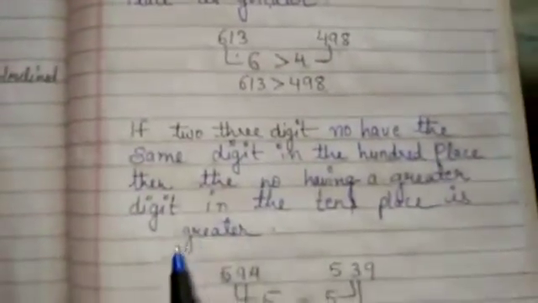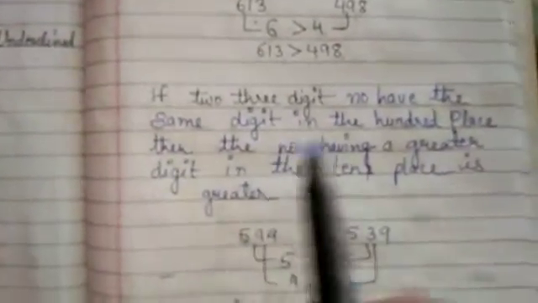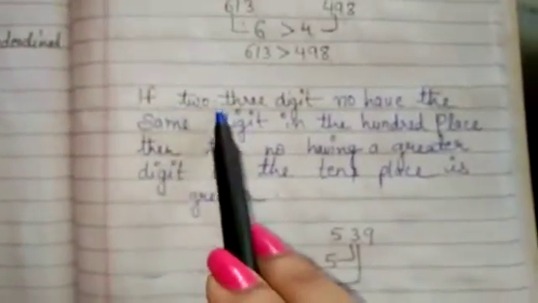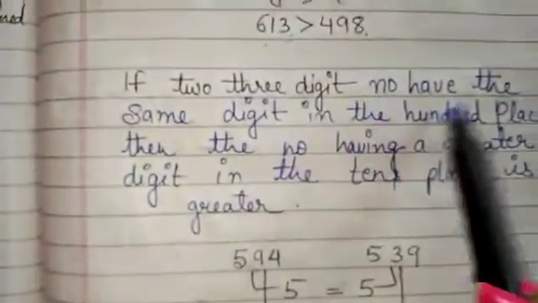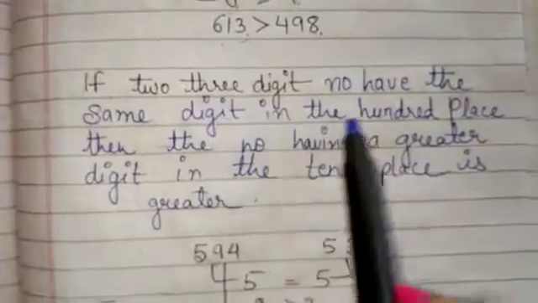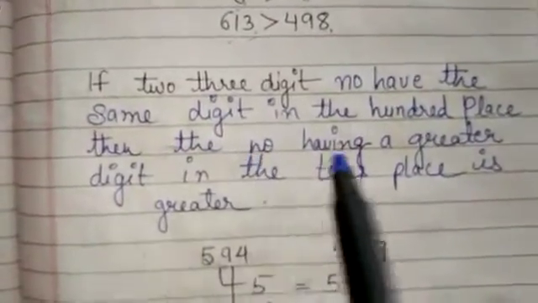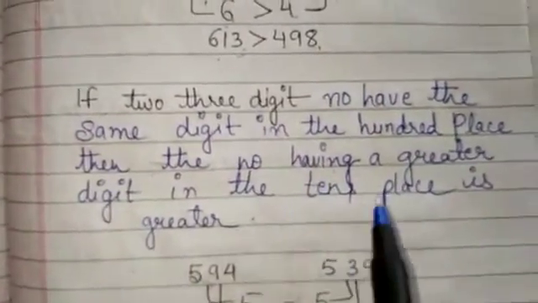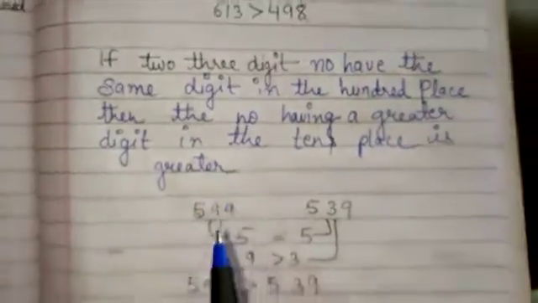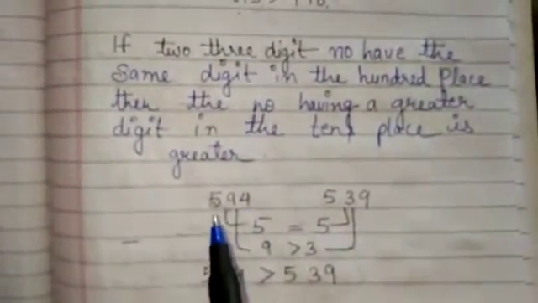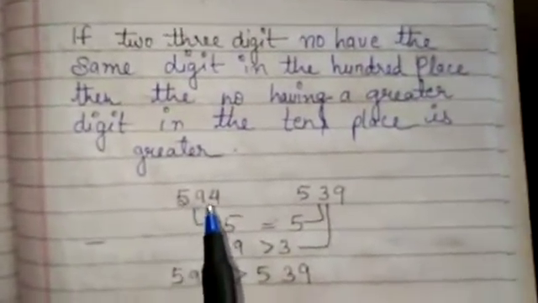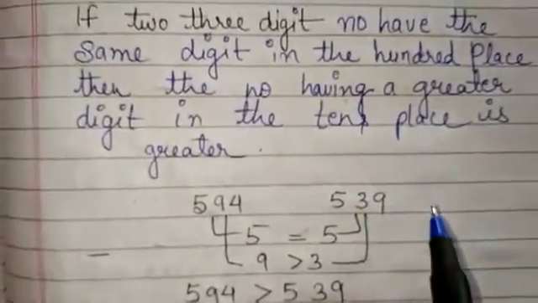Now the second rule: if two 3-digit numbers have the same digit in the 100s place, then the number having a greater digit in the 10s place is greater. We can see here 594 and 539.